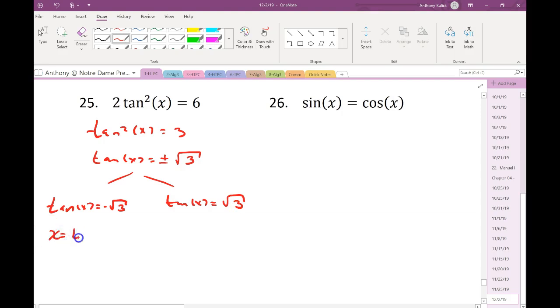And so what I'm looking for then is on my unit circle, where tangent gives me negative square root 3, and where tangent gives me positive square root 3. If I go there, I remember that tangent is sine over cosine. So this happens at pi over 3.